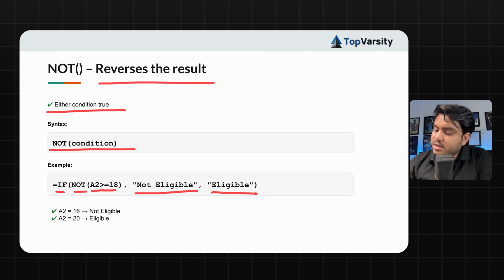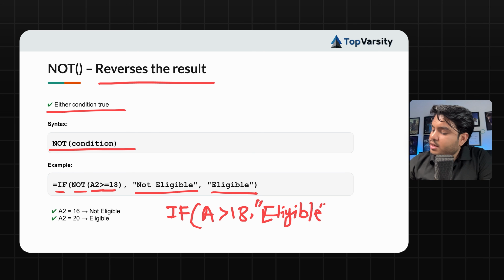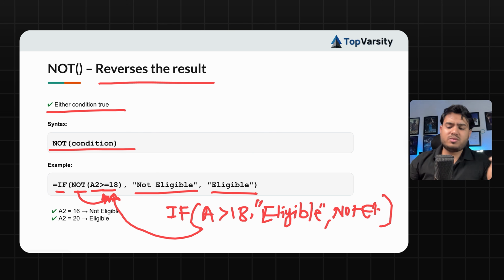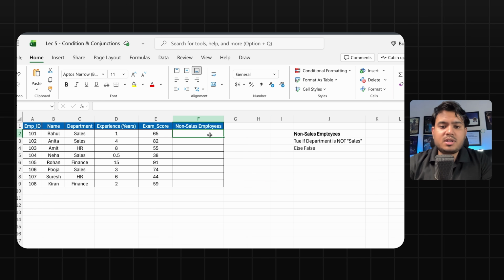Simply, if I am writing IF, and in the IF I am writing A2 greater than 18, I'll write eligible, and if it is not, then not eligible. So this is the reverse using the NOT function. There are not that many applications in data analytics or data science, but we'll use this function multiple times.